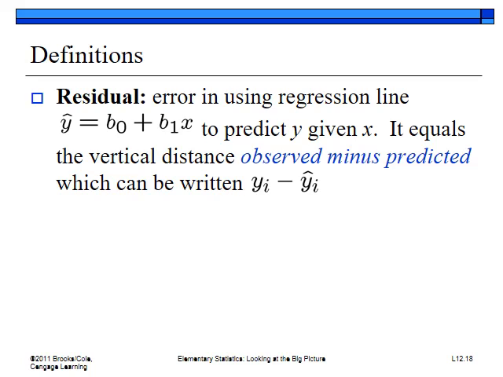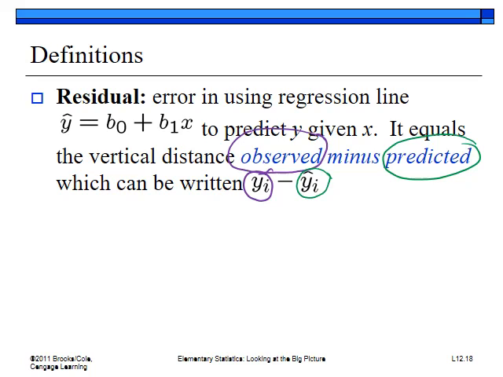Remember, we defined the residual of a data point. So we already have a point on our scatter plot. The residual of that point is the vertical distance that point is from the regression line. In other words, it's the difference between the observed y value, the actual y value of our point, and the predicted y value, that's y hat, that we get from the regression line. In other words, it's the observed value, that's yi, minus the predicted value, that's yi with a hat on it.